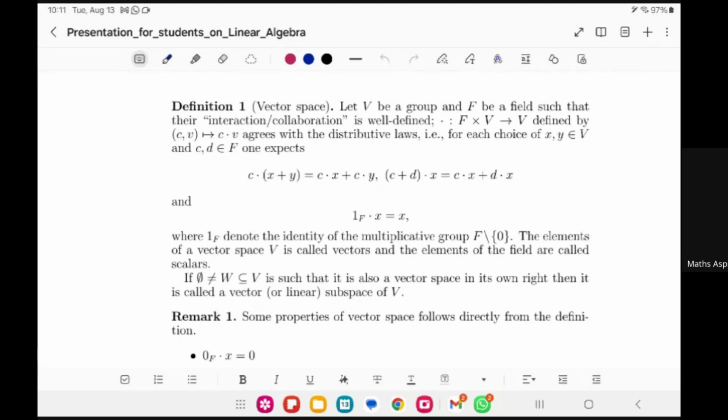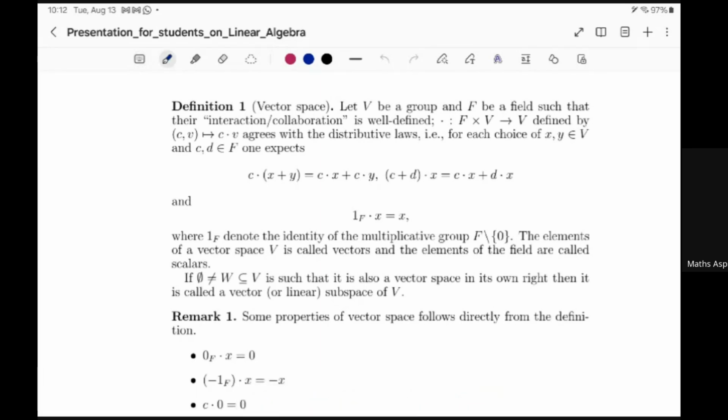And for good reason, we want some interaction to happen between V and F. We can also think of this as group actions, but if you have not seen group actions, you don't have to think about it. It's just some kind of operation that tells you how elements of F and elements of V mingle with each other. For example, you will have c. When these two things come into play, we will write it like this.